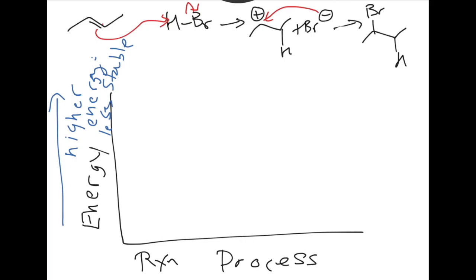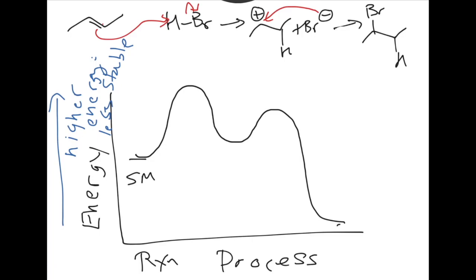Right, so this is our reaction we're going to draw the reaction coordinate diagram for. We have our starting materials, let's say here. We have our product, which we're going to just make PDT down here. It's our product.